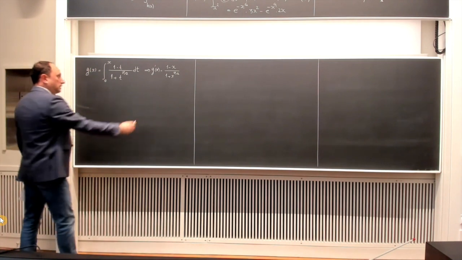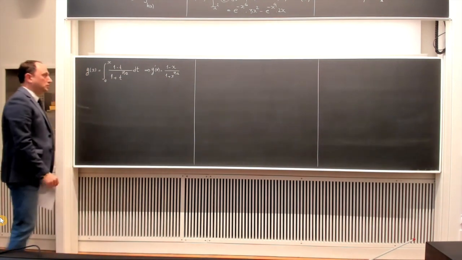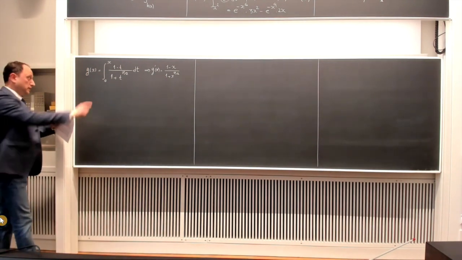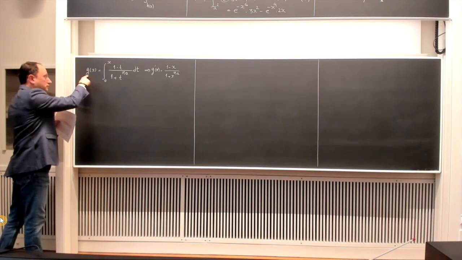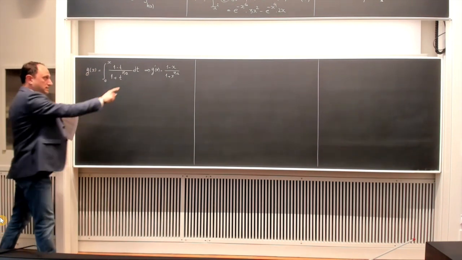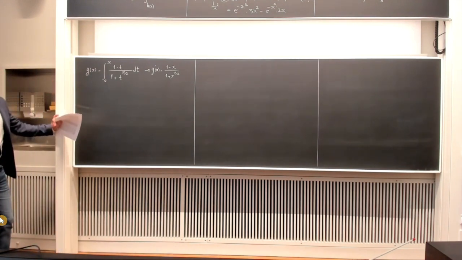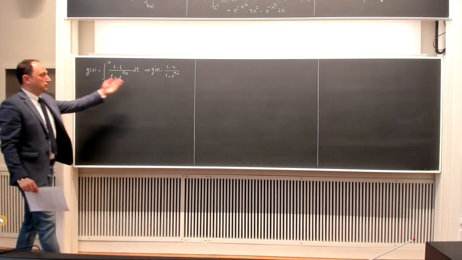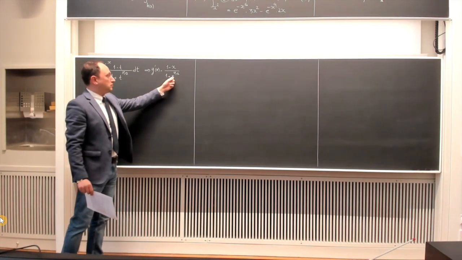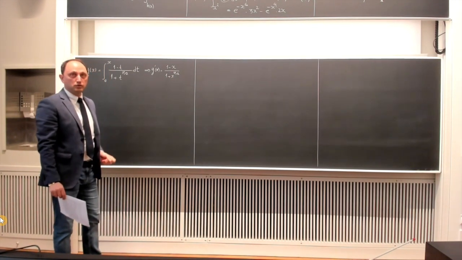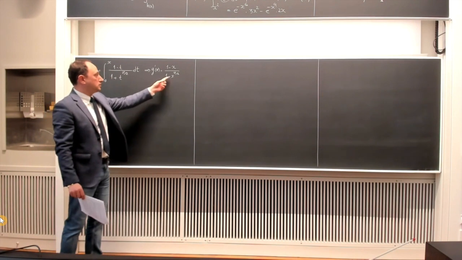And then, is there any singular point for this function? Is there any singularity for g of x? That means, is there any point where the derivative is not defined? The derivative is not defined in this case if I can make the denominator 0. Okay, can the denominator be equal to 0?